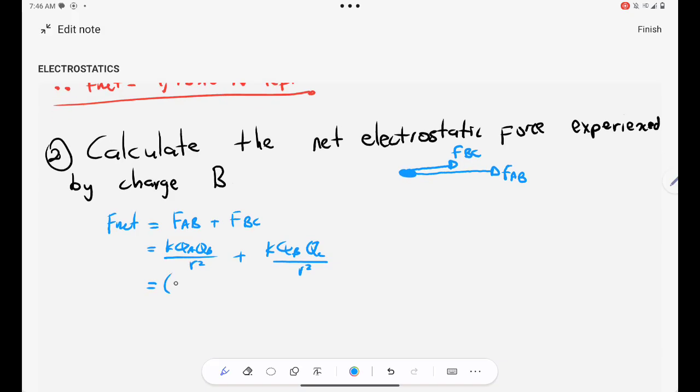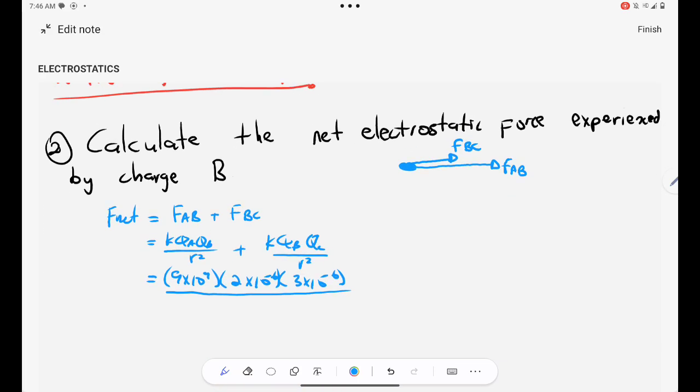Né? The magnitude of K is just 9 times 10 to the power 9. 2 times 10 to the power negative 6, the charge on A, né? And the charge on B is just 3 times 10 to the negative 6. The distance between A and B, remember that, guys, it is 0.5, right?